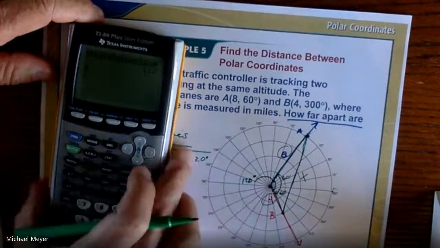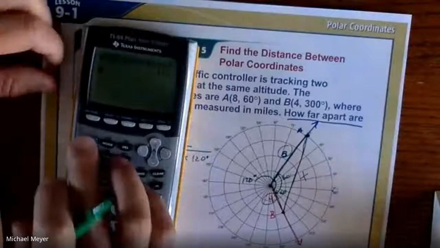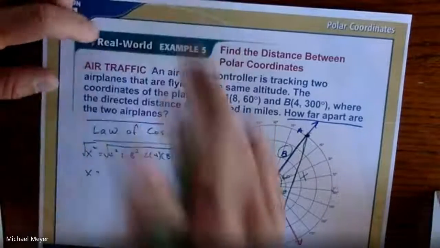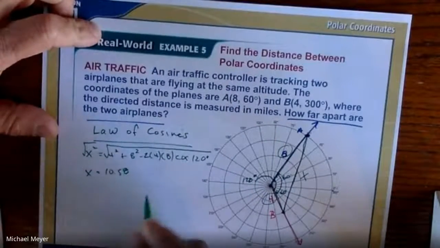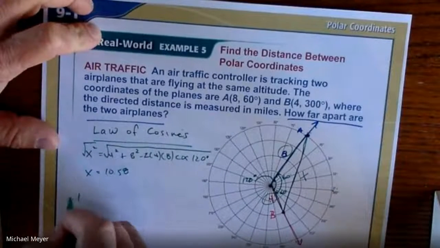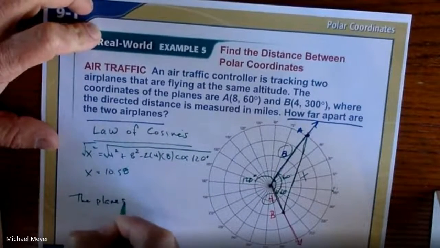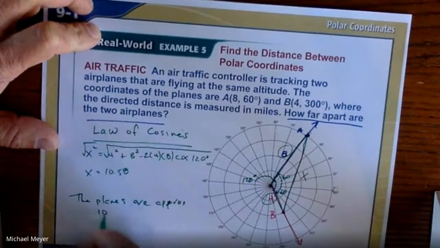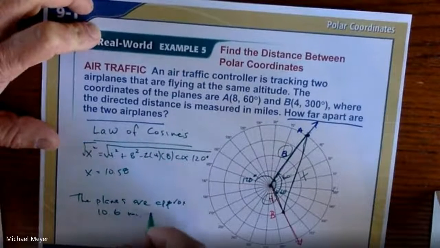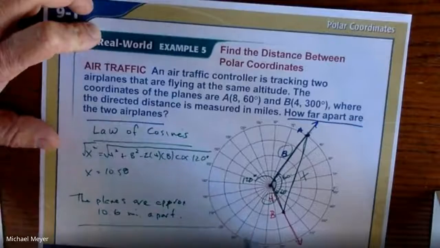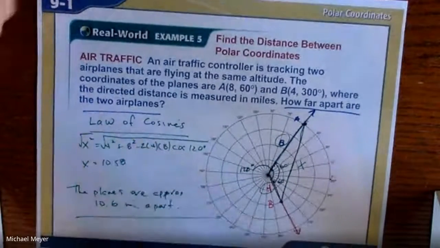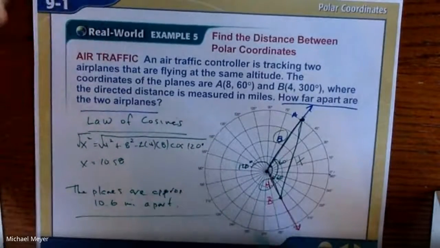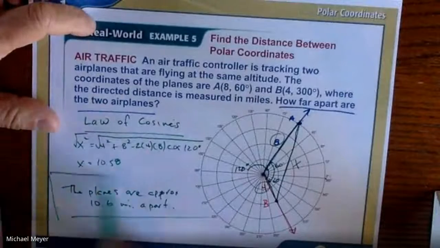And we get, oh, I forgot the square root of that. The square root of that answer is roughly 10.58. So how far apart are the planes? We would say the planes are approximately 10.6 miles apart. So now we're just going to take what we learned in a previous lesson, apply it to what we learned yesterday, and then there we go. We can solve a new problem.